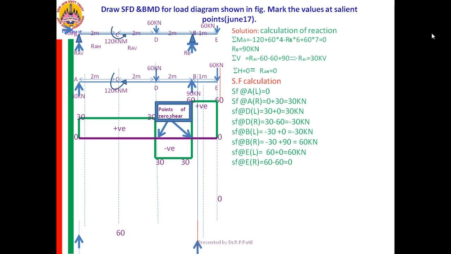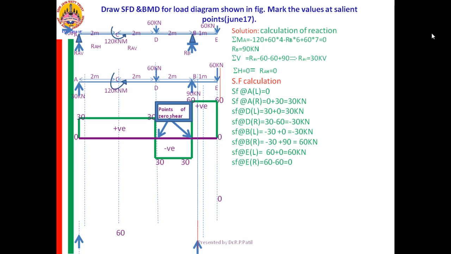One more is the point of contraflexure. Contra, changing, flexure, bending. Therefore, where the nature of bending changes, on one side of it tension is coming at the bottom, on the other side the tension is coming at the top, or one side it is positive, other side it is negative.